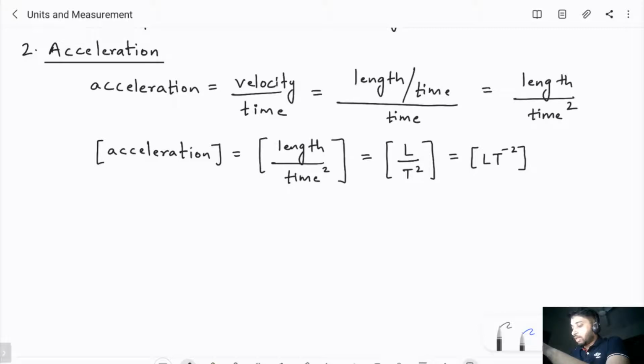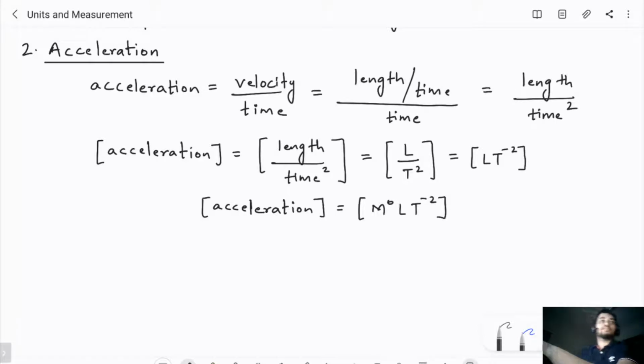Okay, so in standard form the dimensional formula for acceleration is M0 L T minus 2. Okay. So it does not have any component of mass. Power of length is 1 and for t it is minus 2.